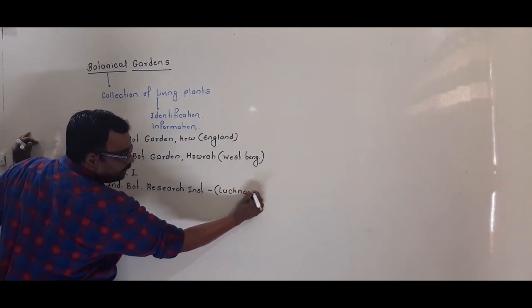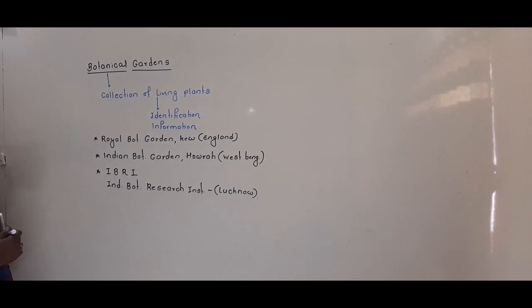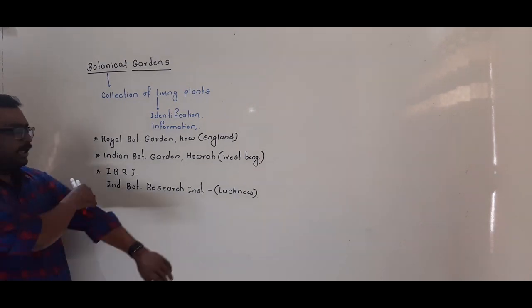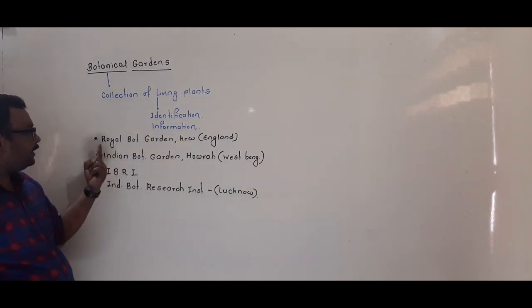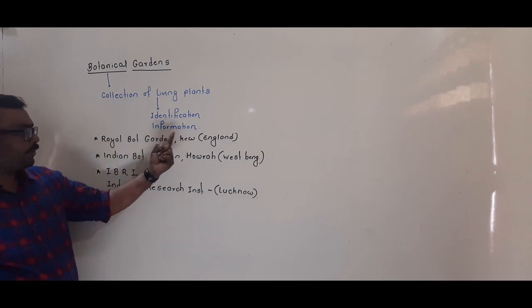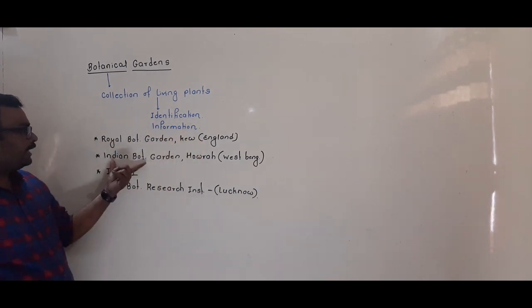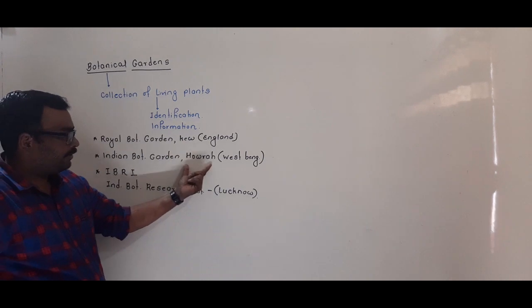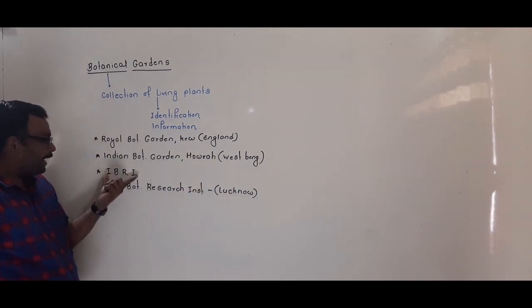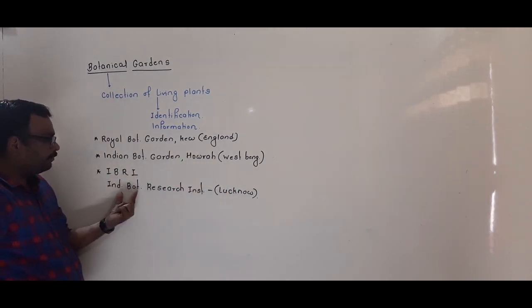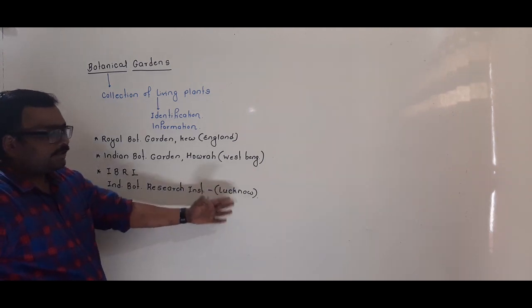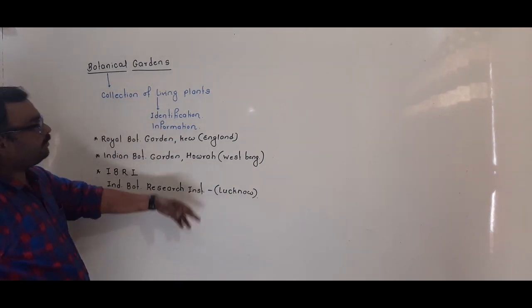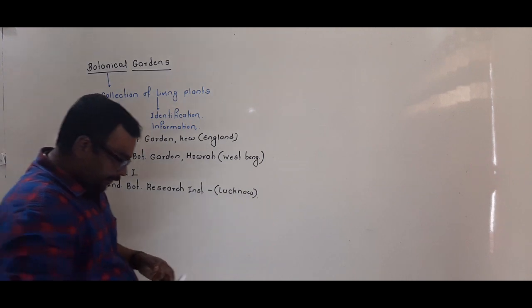Okay, so these three examples you should remember as far as botanical gardens are concerned. The largest or most famous botanical garden in the world is the Royal Botanical Garden, located in Kew, England. Second, the Indian Botanical Garden is located in Howrah, West Bengal, near Kolkata. And IBRI, the Indian Botanical Research Institute, is located in Lucknow. So wherever living plants are collected, that is called a botanical garden.